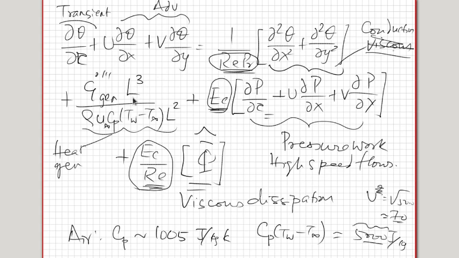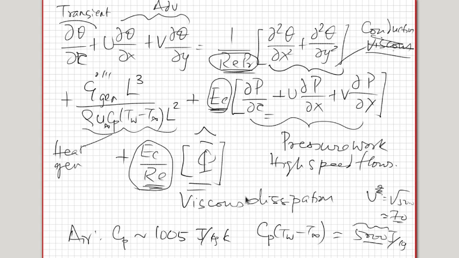And then there is the source term, and then there is Eckert number multiplied by del p by del tau plus u into del p by del x plus v into del p by del y, which is essentially the dp by dt term, which is nothing but pressure work term, and Ec by Re into the phi non-dimensional, which is the viscous dissipation term.